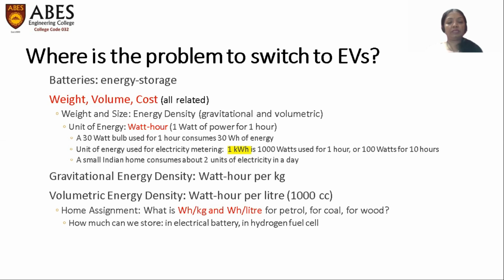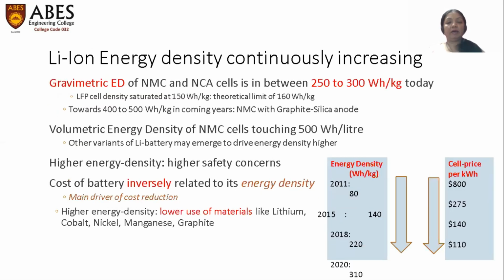Now if we see the data, presently, what energy density is being offered in the battery? In LFP, NMC and NCA cells, the gravimetric energy density, because the battery is a solid fuel, although the battery is being recharged, is 250 to 300 watt hours per kilogram as of today.